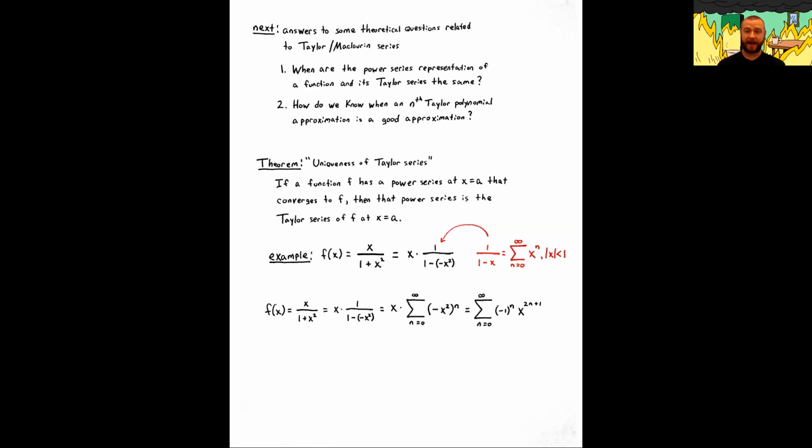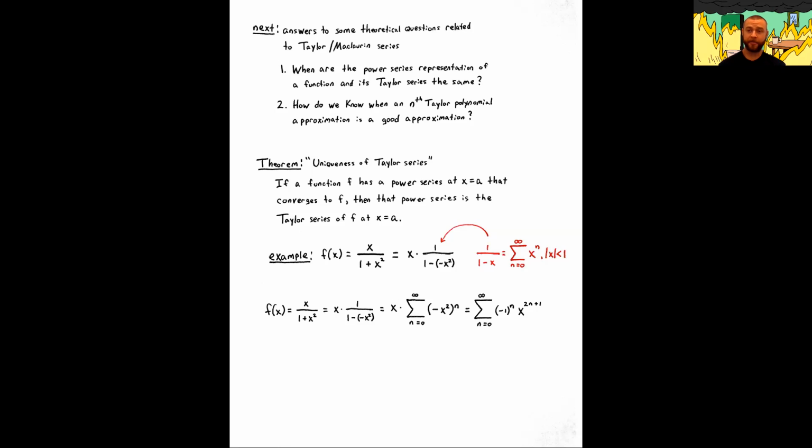Now, if you simplify that by taking the nth power of negative 1 and the nth power of x squared, you'll get negative 1 to the n, and then x to the 2n power. We can take that factor of x out front and multiply that in: x to the 2n times x to the 1. Multiplying those same bases, you add their exponents to get x to the 2n plus 1 for this version.